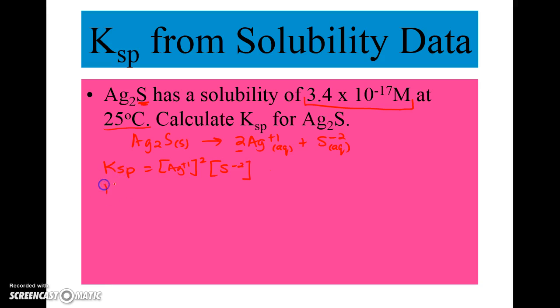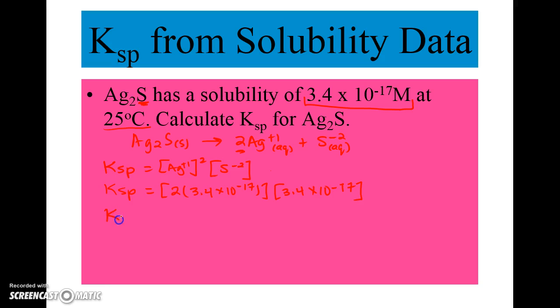So in order to solve for the Ksp, and this is going to be true every time, we need to do 2 times whatever concentration we're given for something that has a 2 here for a coefficient. So 2 times 3.4 times 10 to the minus 17. And for this one, we can just write in 3.4 times 10 to the minus 17.